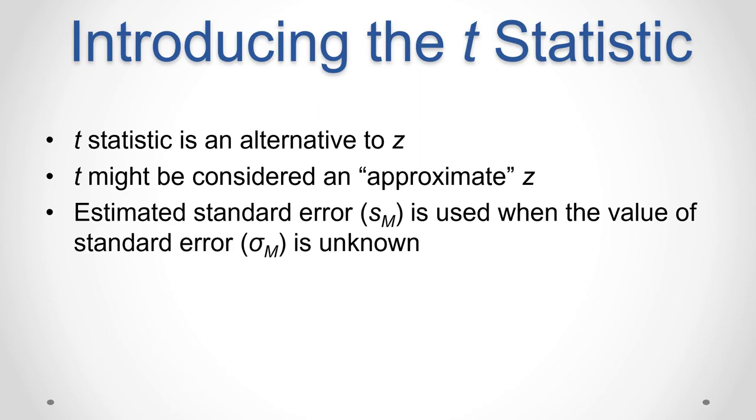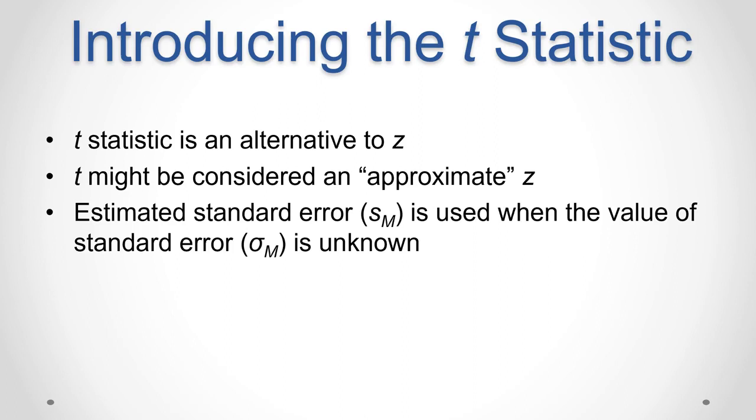The advantage of the t-statistic is that it does not require any knowledge of the population standard deviation. For the t-test, sample standard deviation will be used to estimate the unknown population standard deviation. We will use estimated standard error sM as an estimate for standard error sigma m.